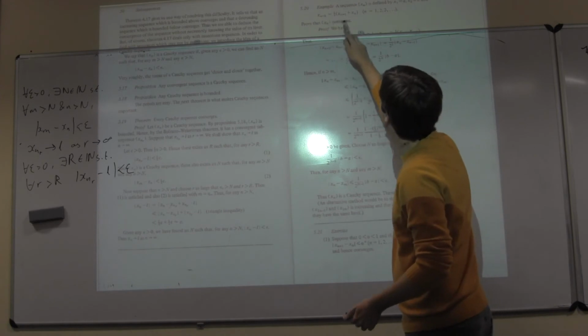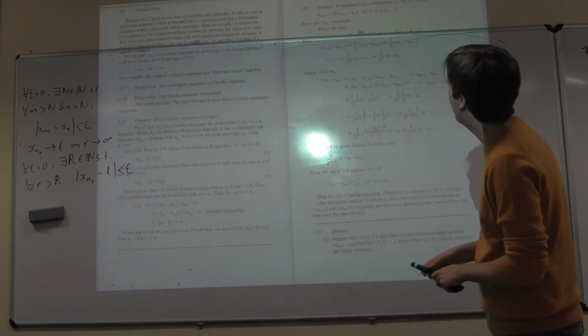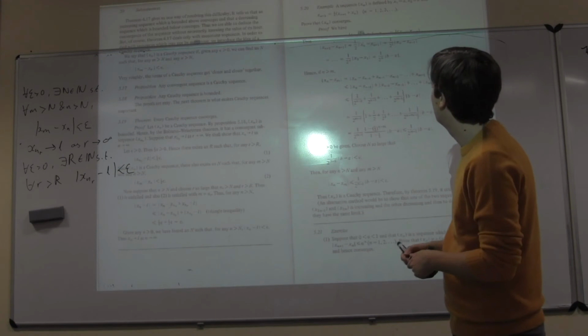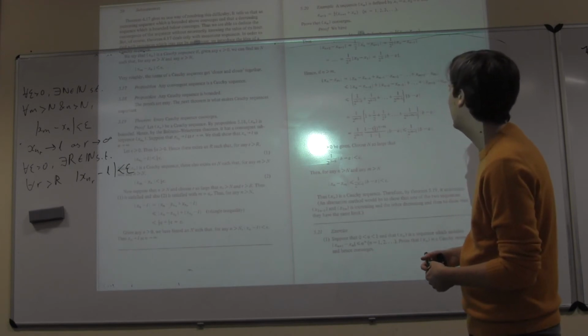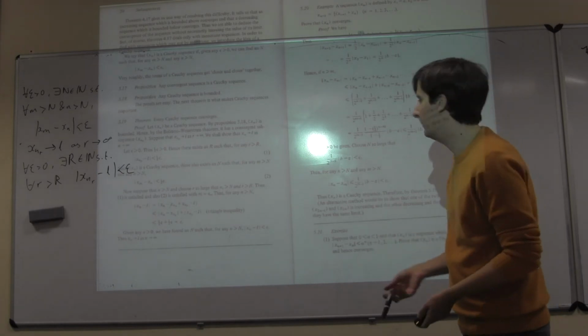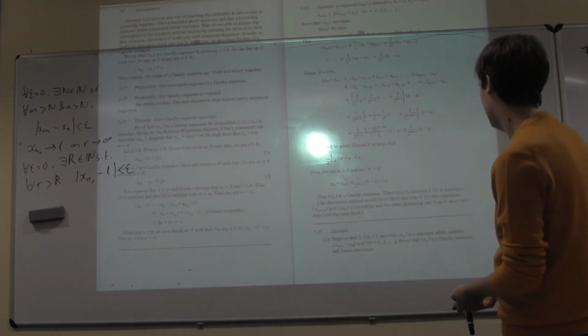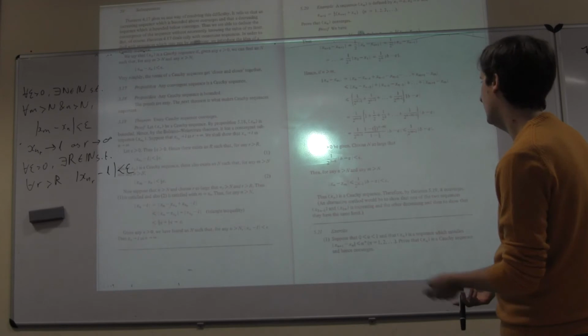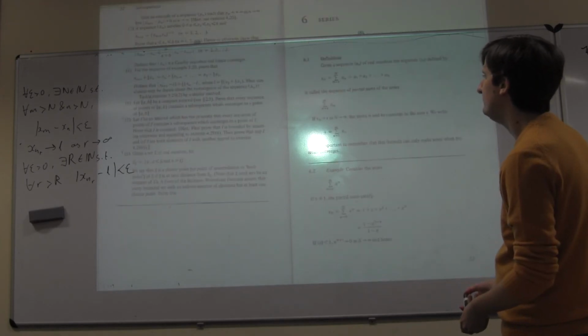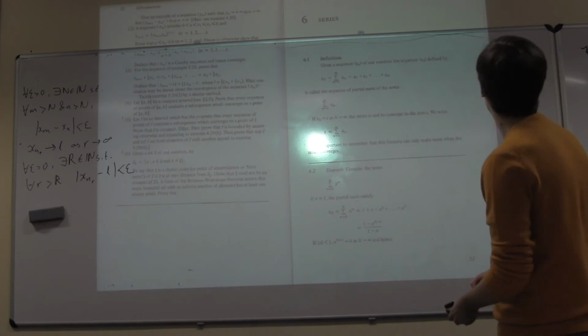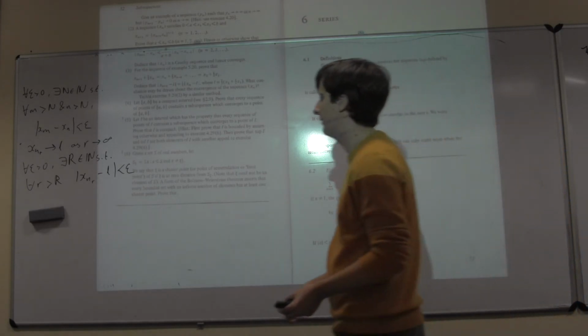Suppose you want to prove that this complicated sequence, defined recursively, converges. Well, it's not very nice, but all you have to do is prove that it's Cauchy, and then you just take the theorem. Okay, let's move on.